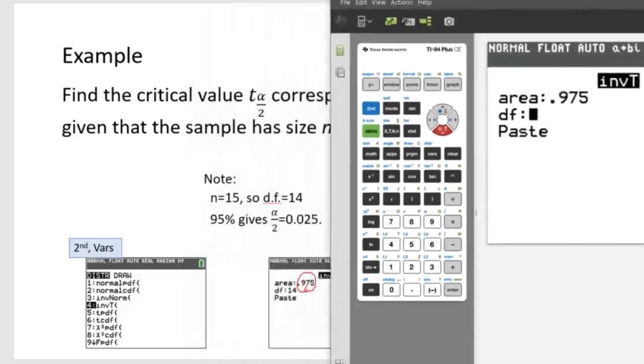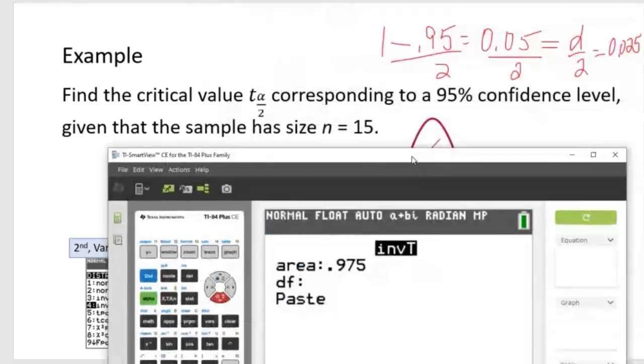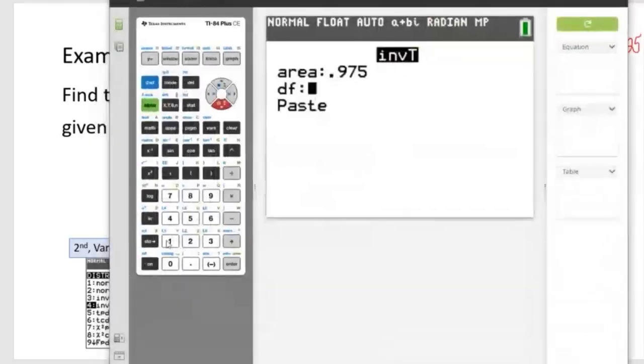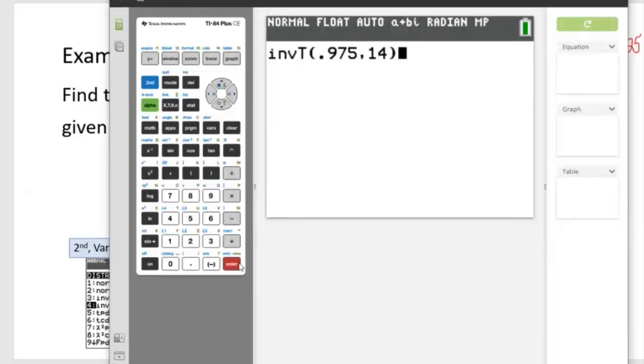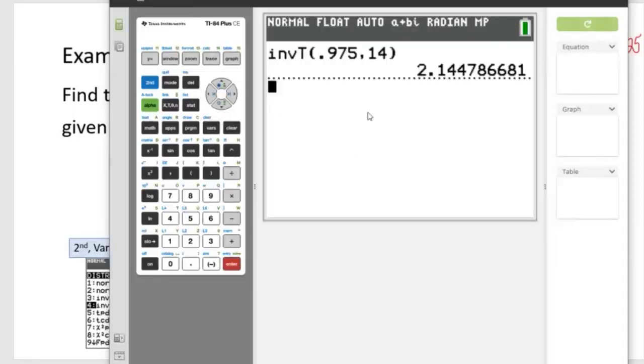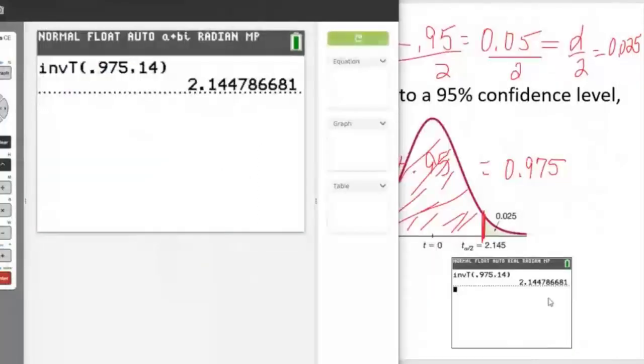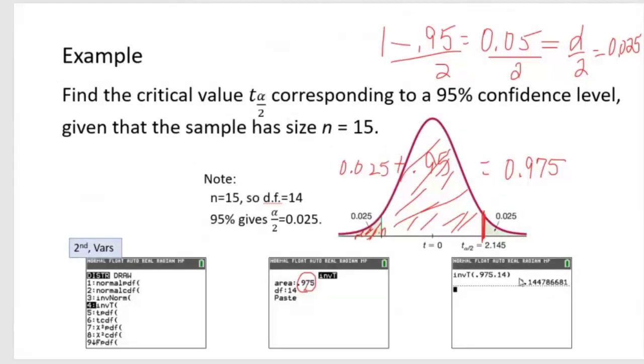Degrees of freedom is n minus 1. So here it said the sample size was 15. That's why I'm putting degrees of freedom 14. That is just kind of an adjustment for how close to normal this particular distribution will be. So we paste and it looks like that. And then you hit enter and we get this 2.1447. So that's our critical value, approximately 2.14.